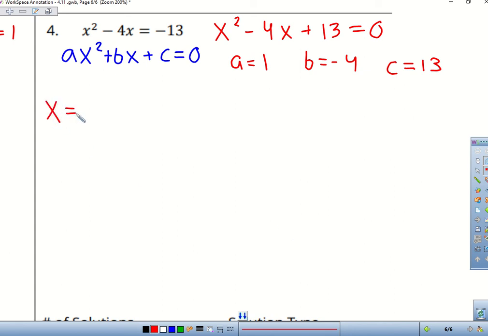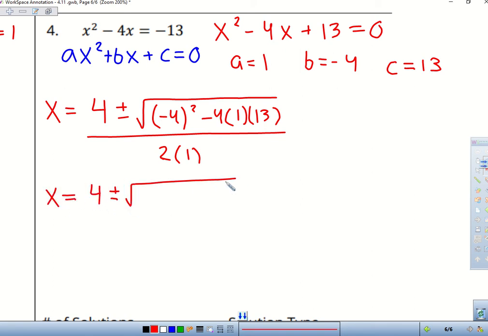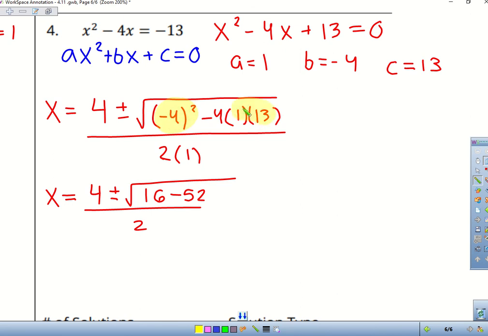So that's x equals negative b, which becomes a positive 4, plus or minus the square root of b squared minus 4ac all over 2a. That's x equals 4 plus or minus the square root of 16 minus 52 all over 2. I'm just doing those calculations.